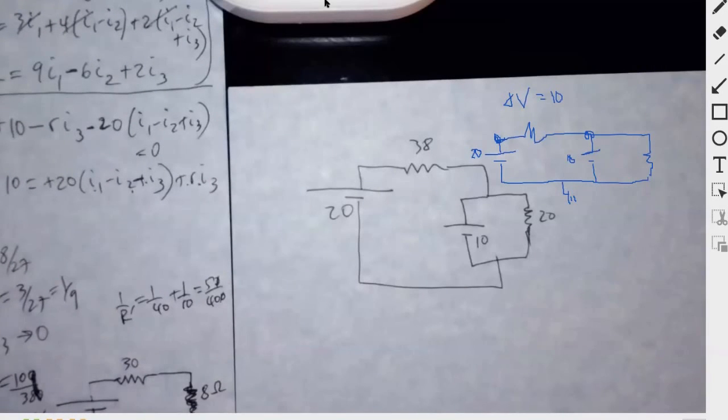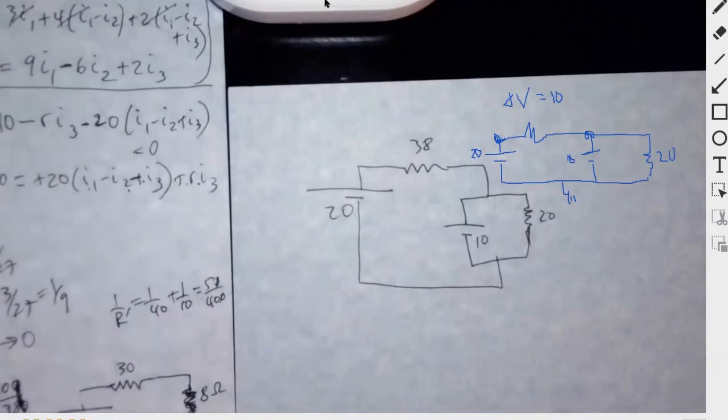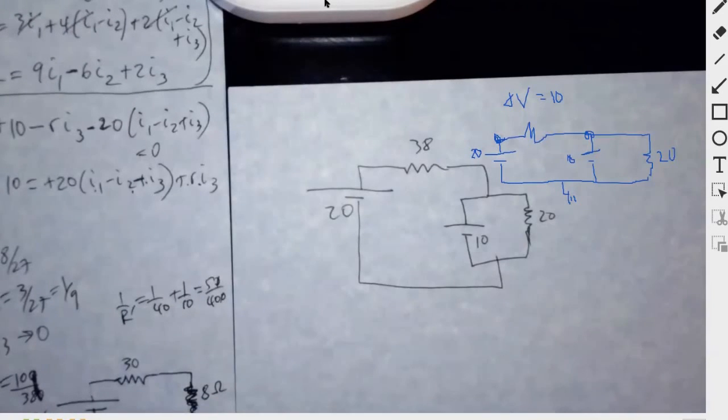And then how would you get the voltage of the 20 ohm on the right? Well, just using the same thing, right? Since we know that the difference here is 10 volts, the difference on the 20 is also 10 volts, right? Then you would do 10 over 20.